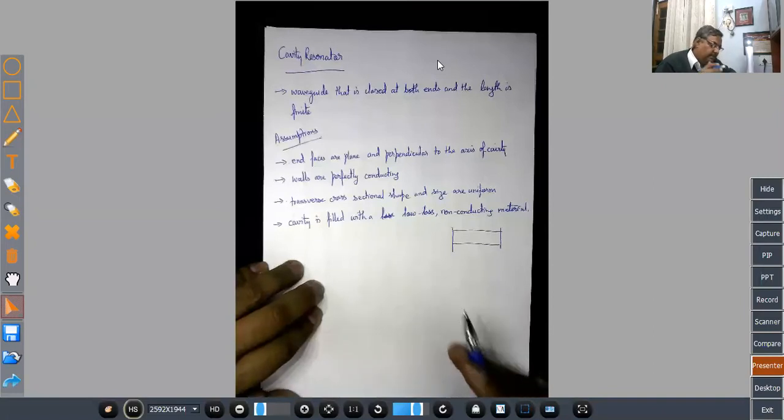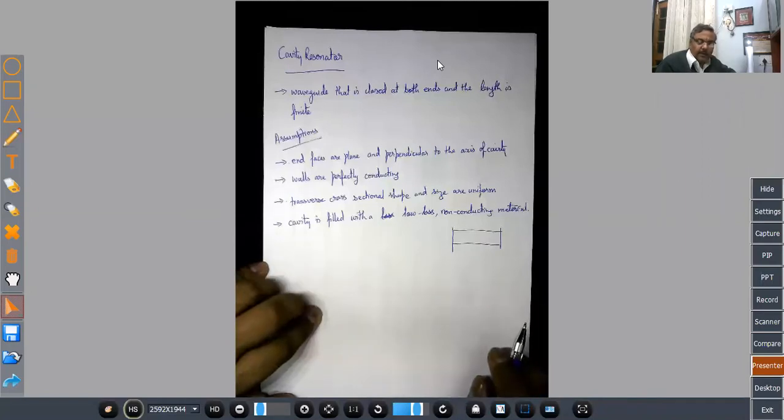And the standing wave will have its characteristic frequency, and that characteristic frequency of the standing wave will be the resonant frequency of the cavity. That is why it is called cavity resonator.